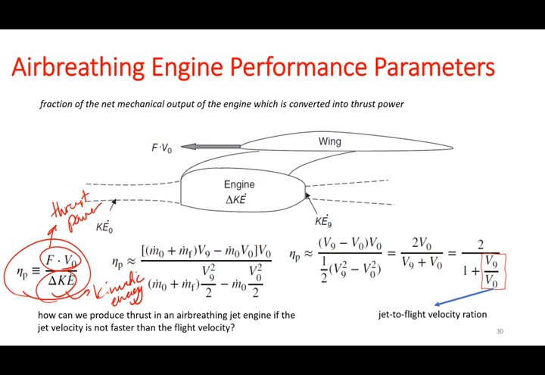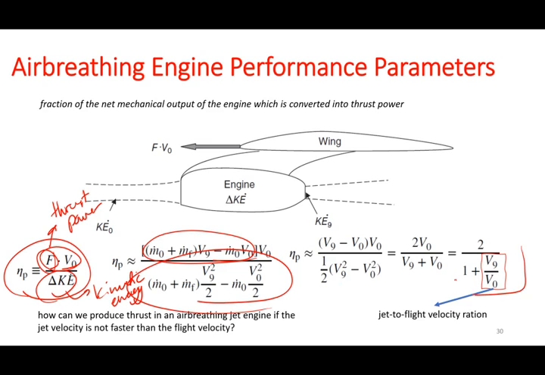We can assume that it is a perfectly expanded nozzle, which means that in your thrust you won't have any pressure component, and all of your uninstalled thrust component is going to be your velocity components, right? If you plug that in, we already know how to calculate the kinetic energy jump, and do a little bit of simplification.